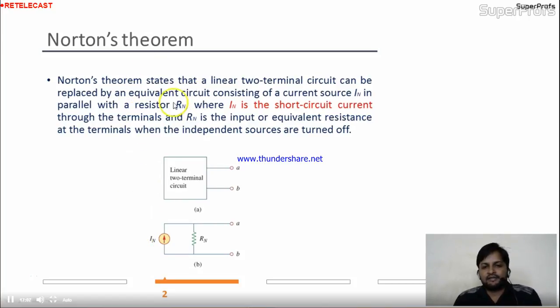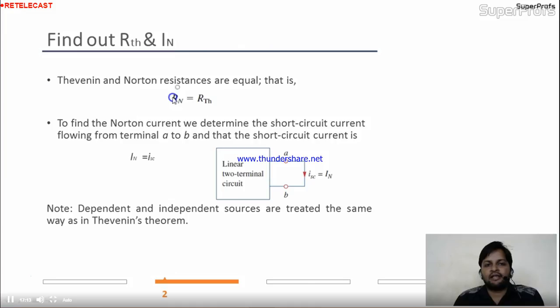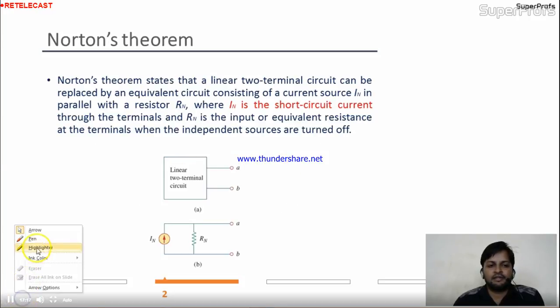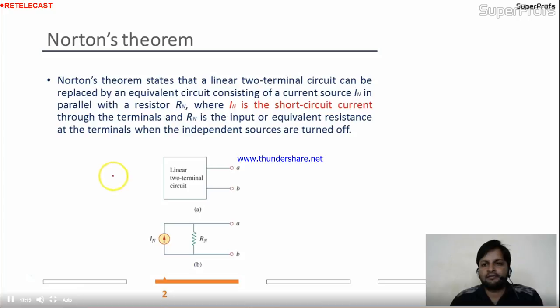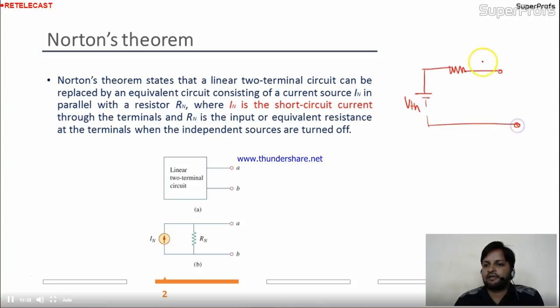The Norton theorem is also similar to the Thevenin theorem. But the difference is, in the Thevenin theorem, the output circuit contains a voltage source in series with the equivalent resistance of the circuit.